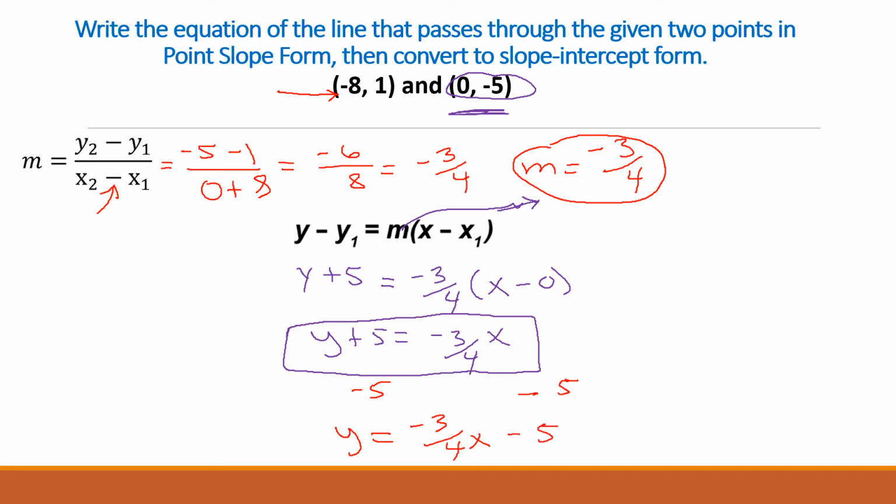So I leave it separate, and that is my equation in slope intercept. And so I have one in point slope, which is right here, and one in slope intercept, which is right here. All right, so now let's try one on your own.